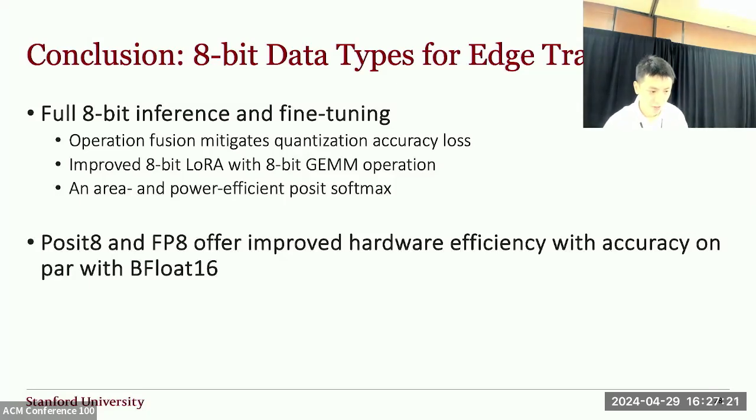In this work, we only explored quantizing the large language model for inference, but yes, the large language model will also benefit from this 8-bit quantization. We didn't do this for pre-training, but I believe both data types have the capability of performing pre-training entirely in 8-bit as well, I think. Okay, thank you.